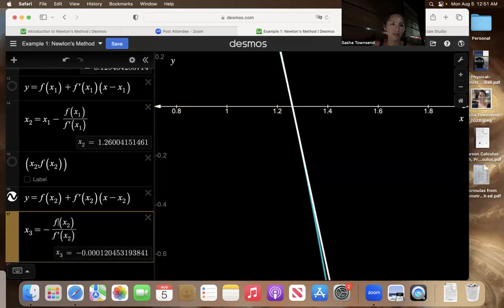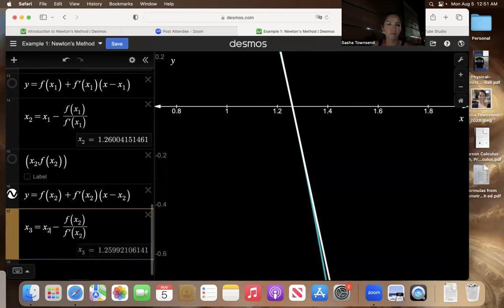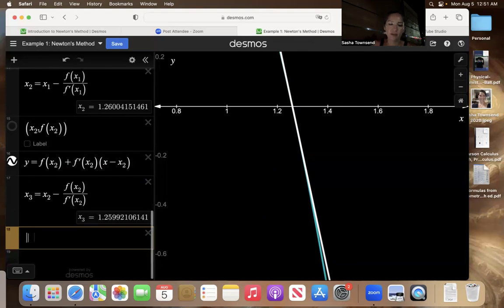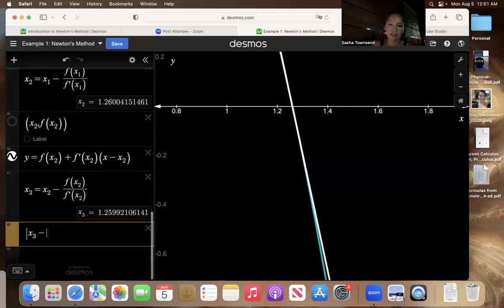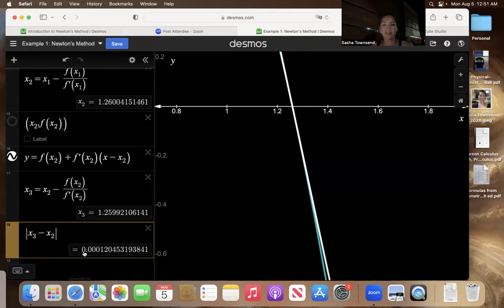And then we'll add x sub 2 to both sides. And so we'll have that as our x sub 3. Then if we look at the absolute value of x sub 3 minus x sub 2, that is definitely less than 0.001. It's 1/10,000th as opposed to 1/1,000. So we're going to call this x sub 3 the root of our function.